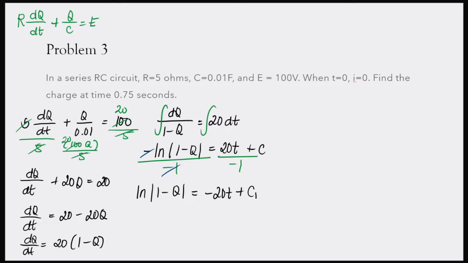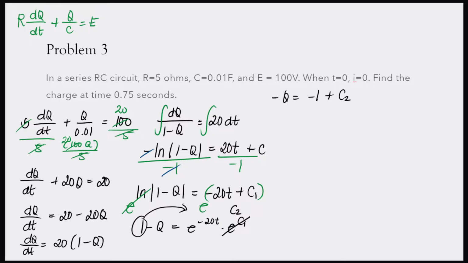So let's apply the exponential property. We have 1 minus q is equivalent to e raised to negative 20t, multiplied by e raised to c1. We know this is equivalent to another arbitrary constant which we will call c2. Transposing the 1 to the other side, we have negative q equal to negative 1 plus c2 e raised to negative 20t.